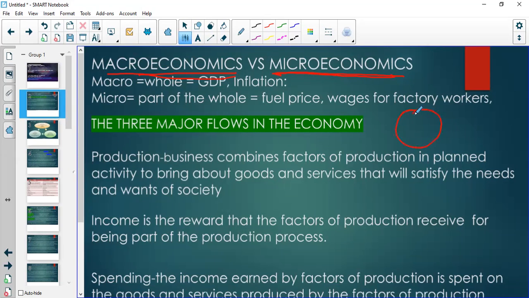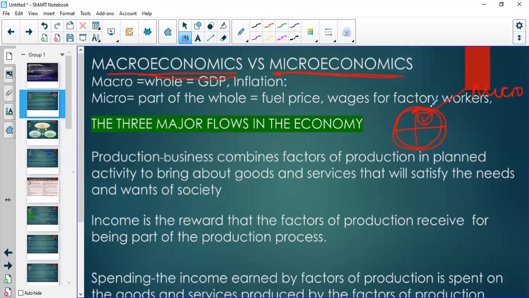The term macro refers to the whole. When we talk of macroeconomics, we're referring to the whole unit. And whatever that unit could be, when we look at the entire unit, then that's macroeconomics. Then if we look at just a portion of that entire unit, then that is micro.